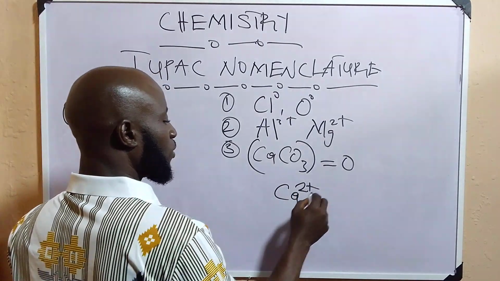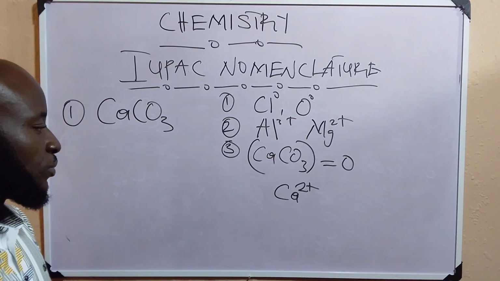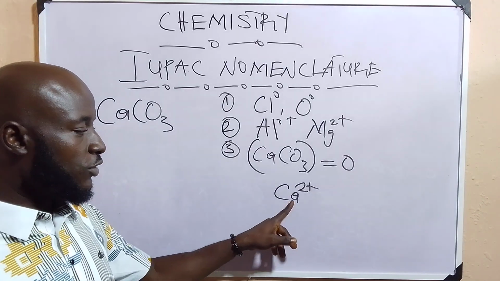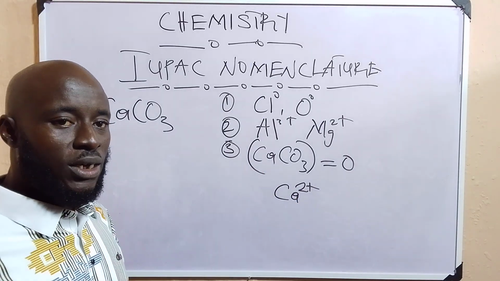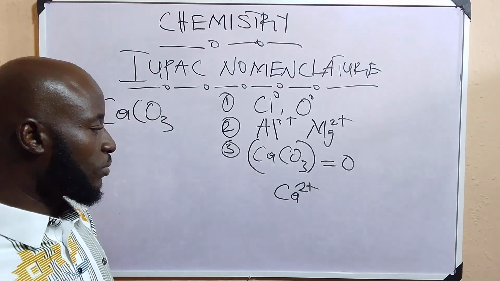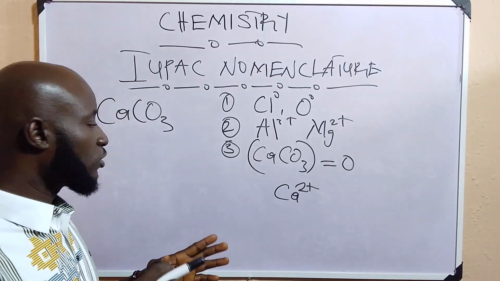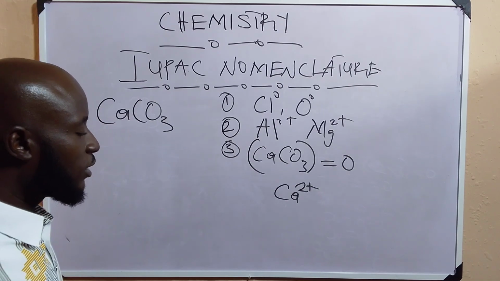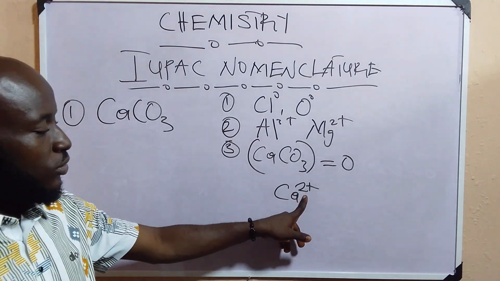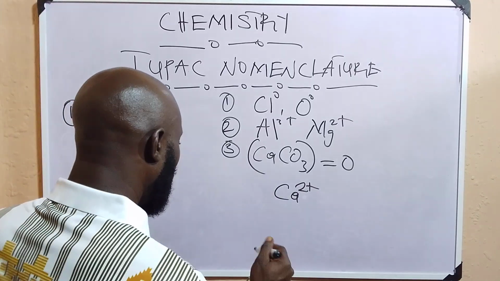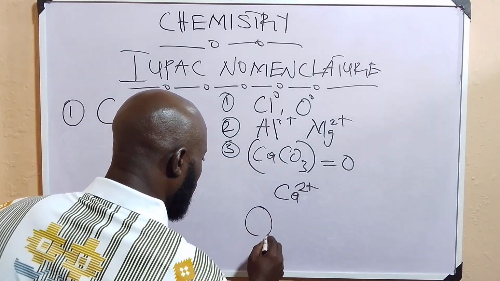That is Ca2+. Ca2+ means that the calcium can easily lose 2 electrons in its outermost shell and still maintain a normal shape. I'm digressing, but I have to explain it very well. Let us look at the electrons in an orbital, so that you see what calcium is.